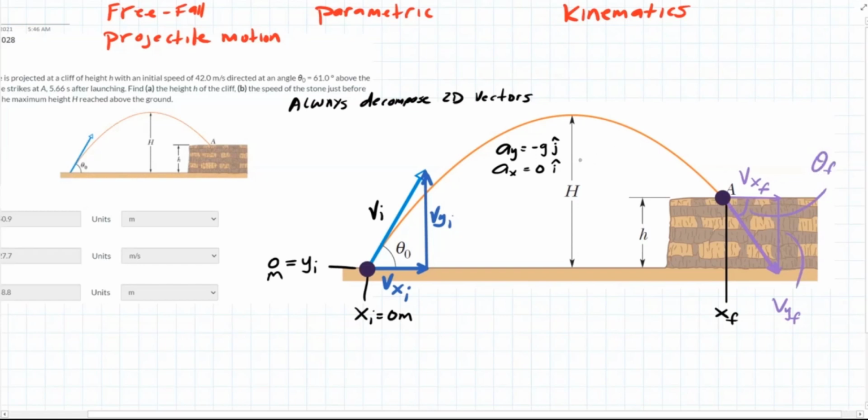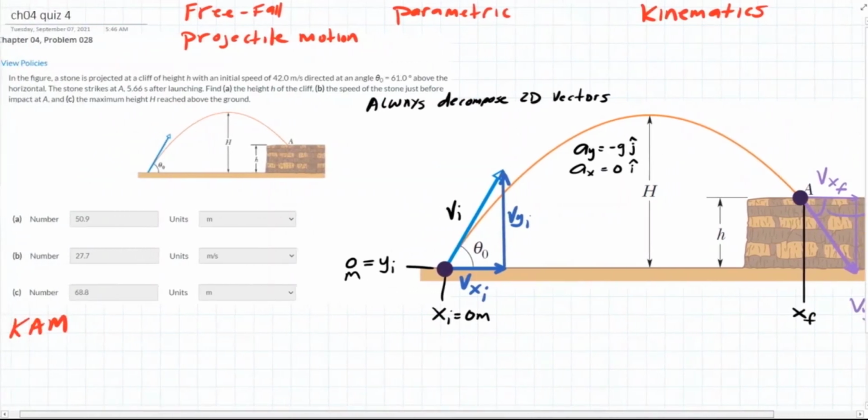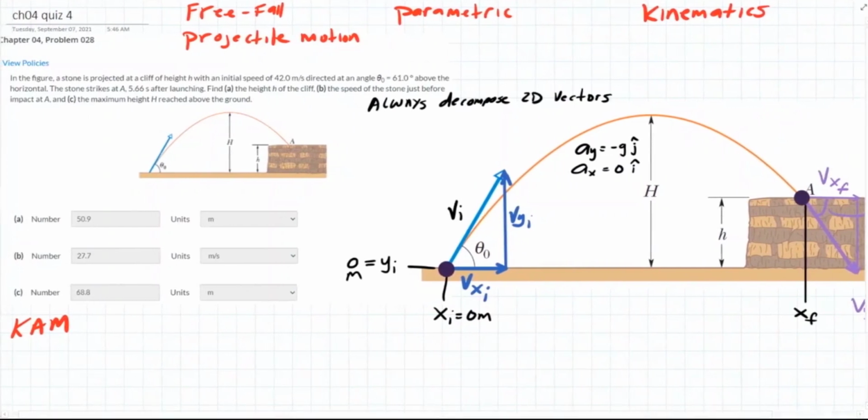Okay. So, spending again a crazy amount of time setting up the drawing. Let's do the 6-column data table. Two-dimensional motion means I have x initial, x final, Vx initial, Vx final, A sub x, and t.